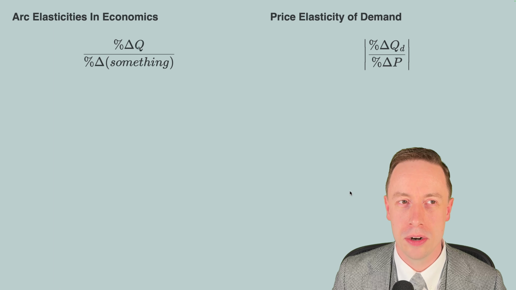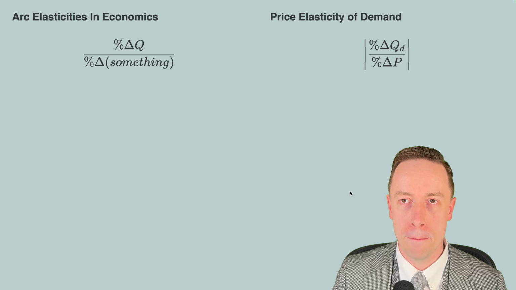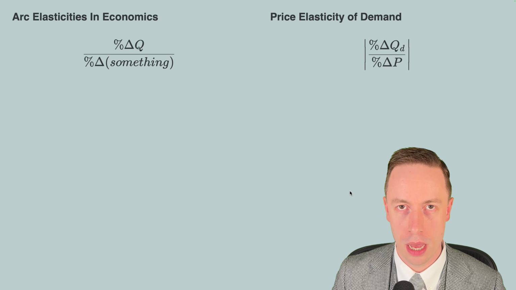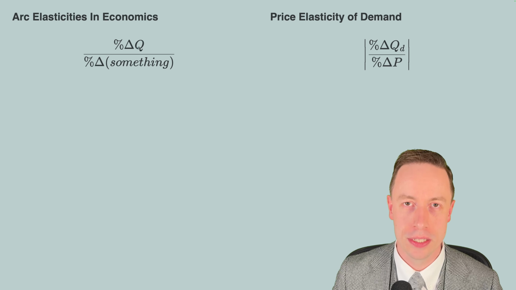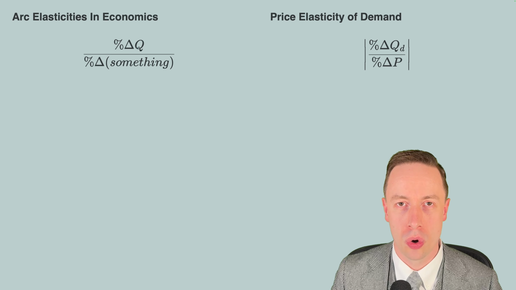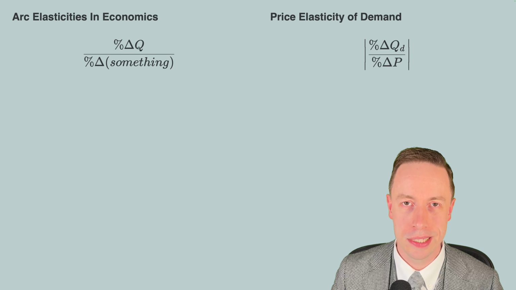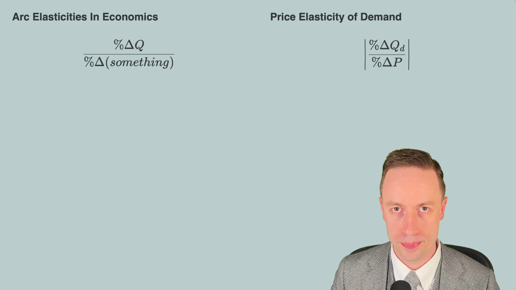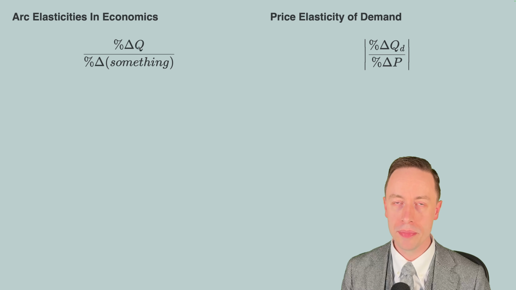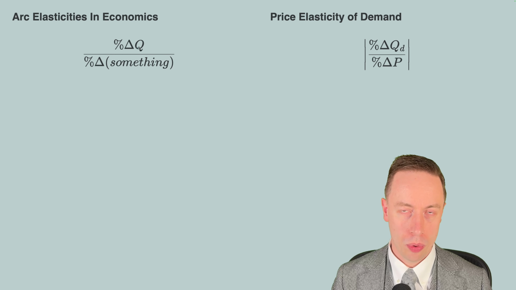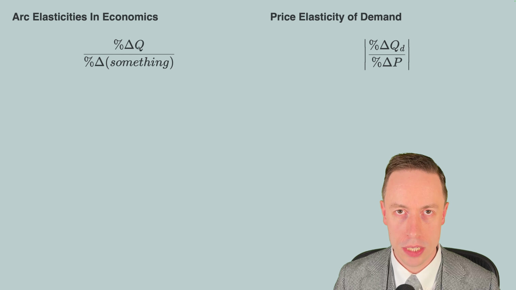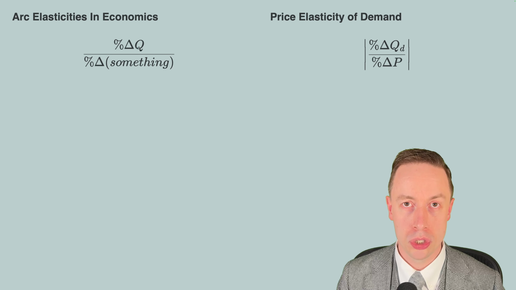So let's start out with our most common application of elasticity. And that is the so-called price elasticity of demand. So taking one step back, in general, when we're calculating an elasticity in economics, we're measuring the percentage change in one variable divided by the percentage change in something else.